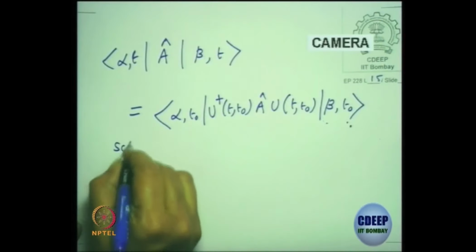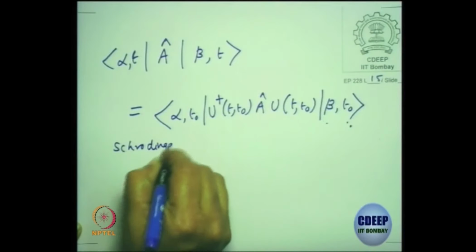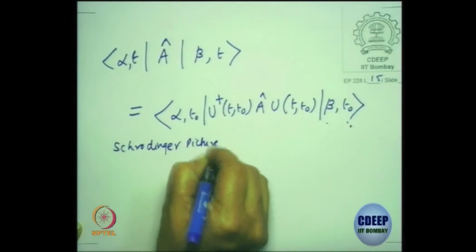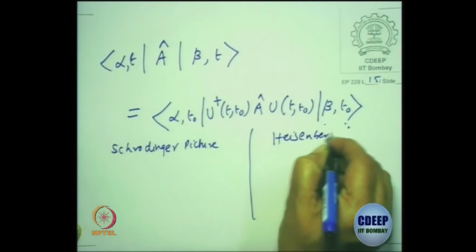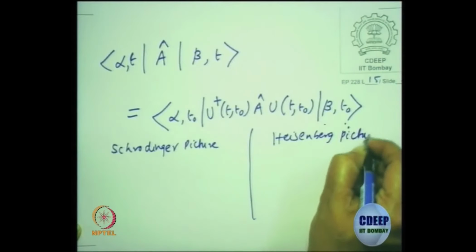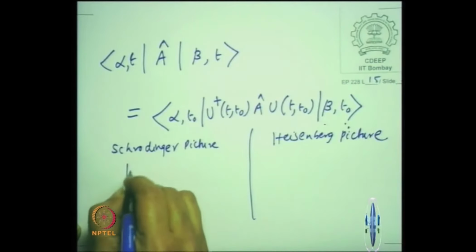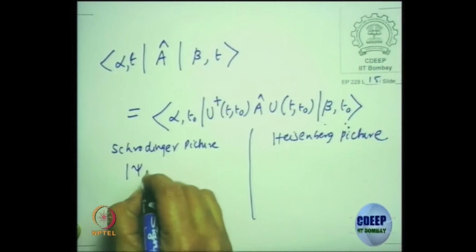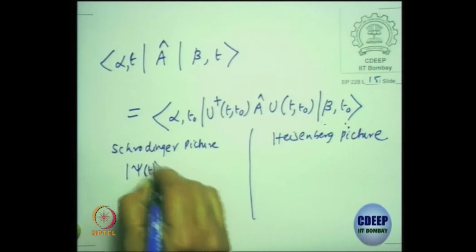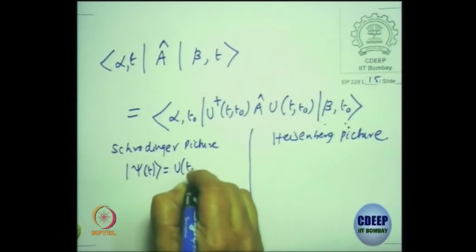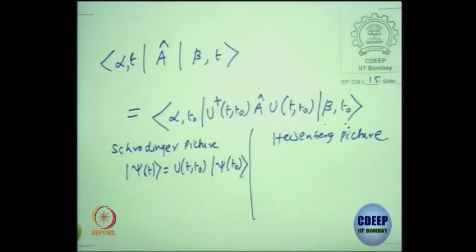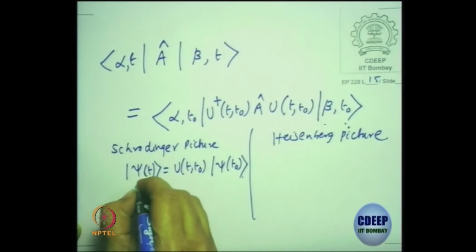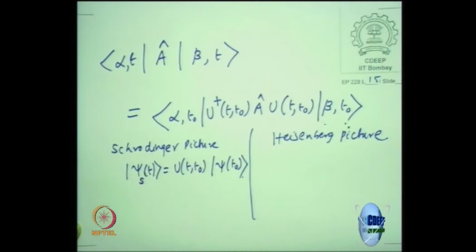So Schrodinger picture, Heisenberg picture. So you will have psi of t, and if you want, you can put an S here just to remember that it is a Schrodinger state.